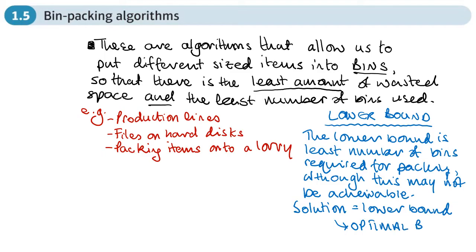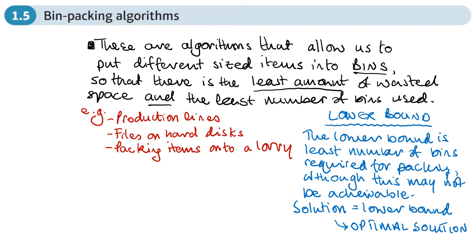It may be, for example, that I get a lower bound of 10, and actually I can only solve it by using 11 bins. Doesn't mean the answer is wrong. Lower bound just tells us the minimum that it could be, but it may often be higher than that minimum. But if we get that minimum, we know it's an optimal solution.